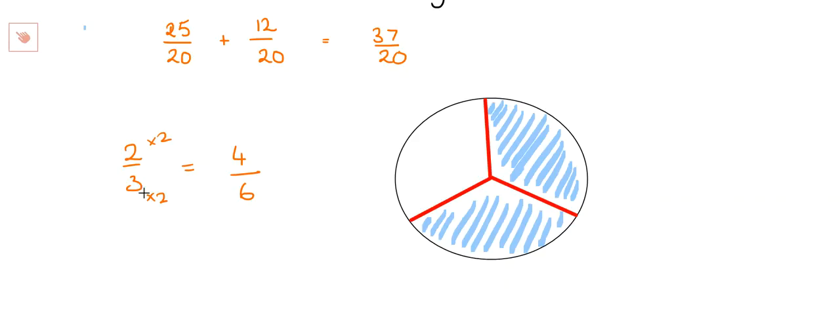So if I change the 3 to a 6, I'm basically halving the size of my fraction. So I'm actually saying I now need 6 pieces. So I've halved the size, but when you halve the size, if you need to keep the same number, you have to have double the amount.